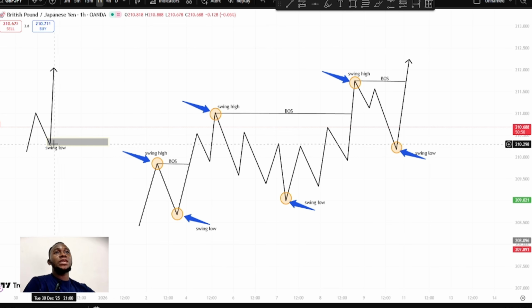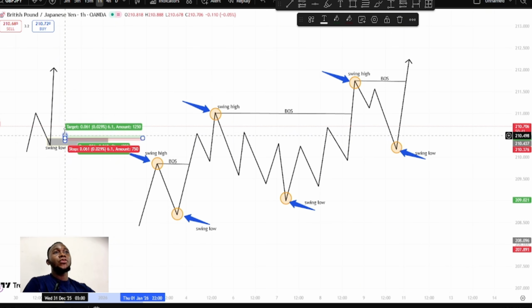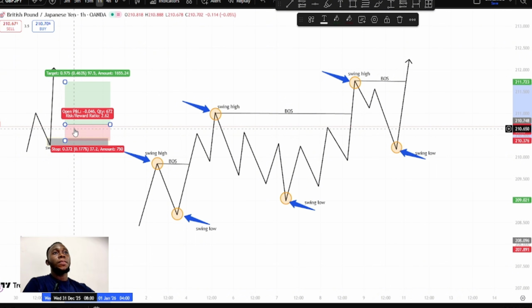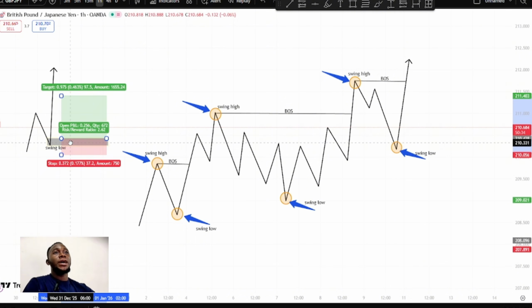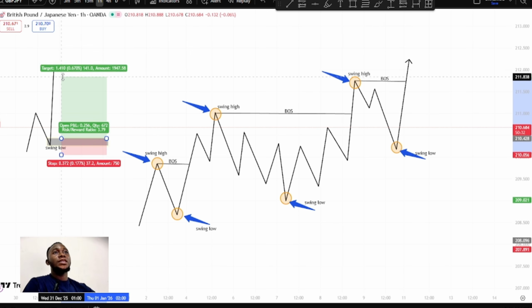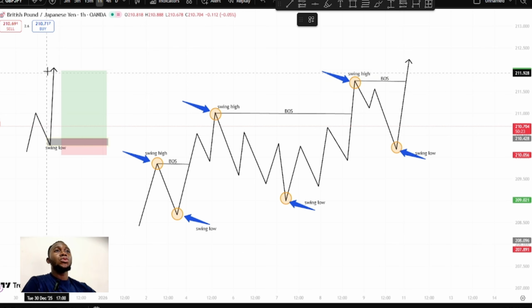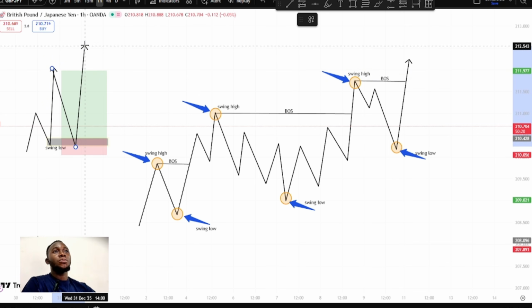For those of you that trade with SMC or ICT, what you normally do is position for a buy at this point here, from this swing low, hoping that the market will retrace to this point and then continue buying to the upside.